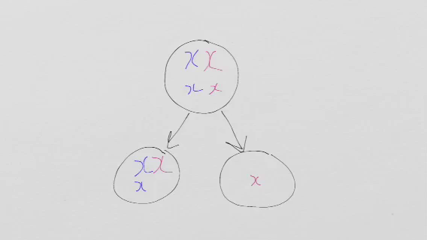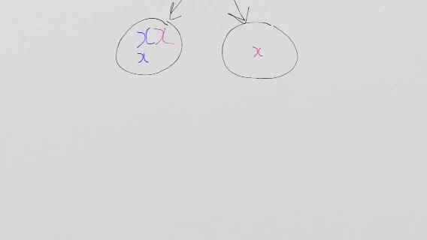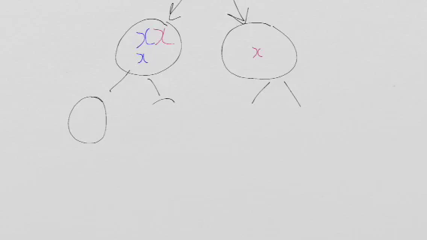If there's an error in meiosis 1, that means for sure there's going to be an error in meiosis 2, because we don't have the right number of chromosomes. These guys are going to keep dividing. We've got this guy who's going to split up, and this guy who's going to split up. Here, here, here, and here. Then we're going to have 1x and 1x here, and 1x, 1x, another x, like this.